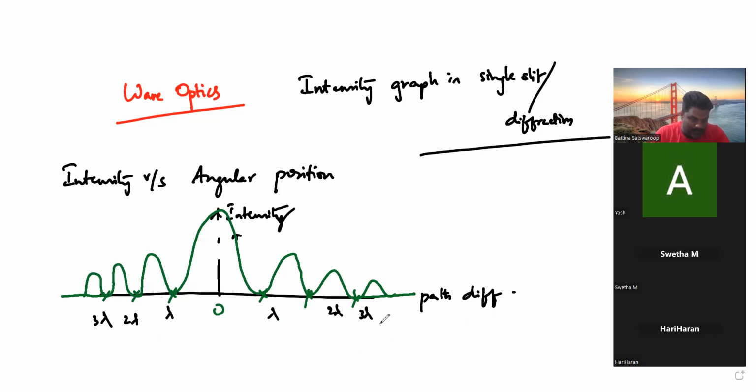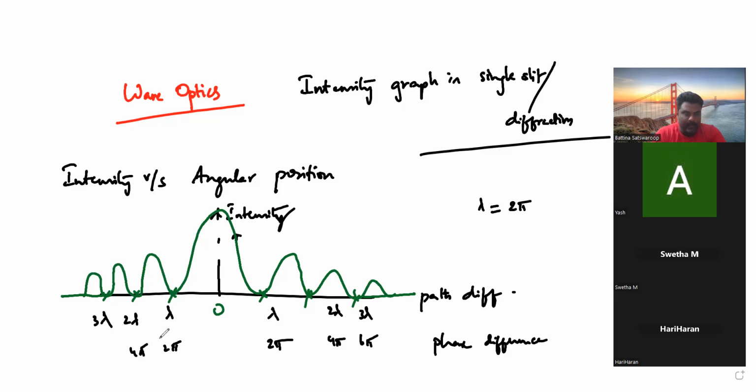Okay, clear? Already you know lambda is equals to 2 pi, correct? So what will be the phase difference if I have to plot for phase difference? This will become 2 pi, 4 pi, 6 pi, 2 pi, 4 pi, 6 pi.